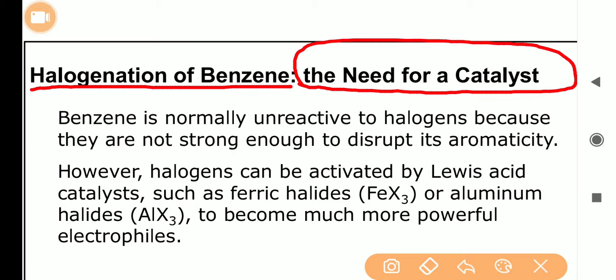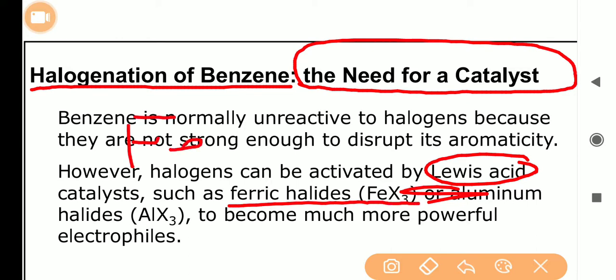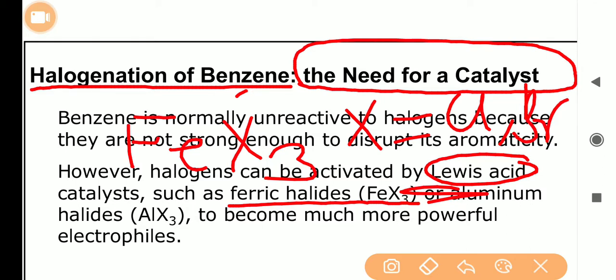However, halogens can be activated by Lewis acids. This is called the Lewis acid catalyst, such as ferric halide, FeX3, where X could be chlorine or bromine, but generally we use FeBr3.